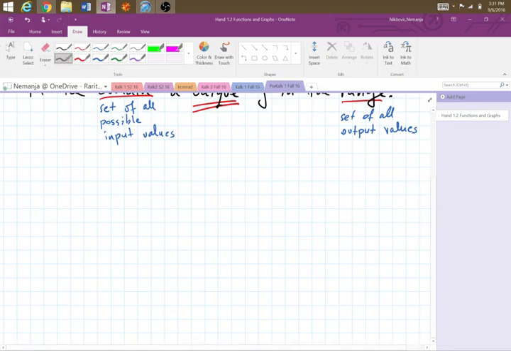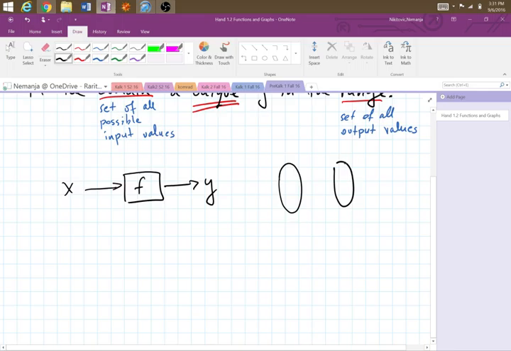We have the input variable x going into this factory f, which is a function, and the output is y. So we have this understanding of what we're doing. And then we can also represent that using the two sets like this, where you have the input value x, and that gets mapped into the output value y.